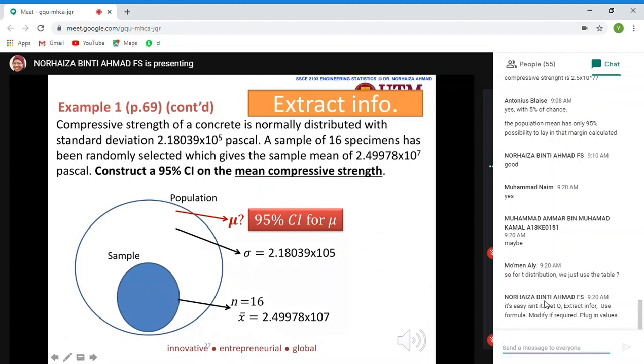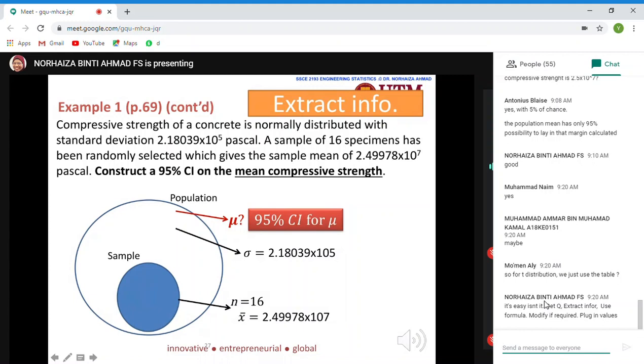In the first example, let's say you extract the information wrongly. Let's say you assume that the sigma given here is from a sample. So you would write S coming from here, and therefore you're going to use a t distribution. That would make your whole answer wrong. So extracting information is very important.